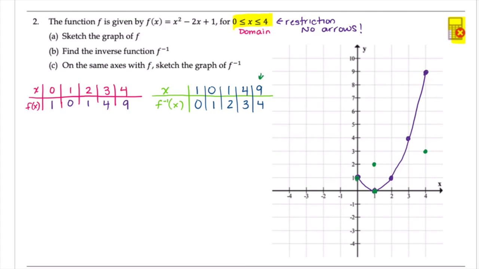So how does this look? This would start at (1, 0), go to (0, 1), and it would shift on this side. So this is how this inverse would look graphically.